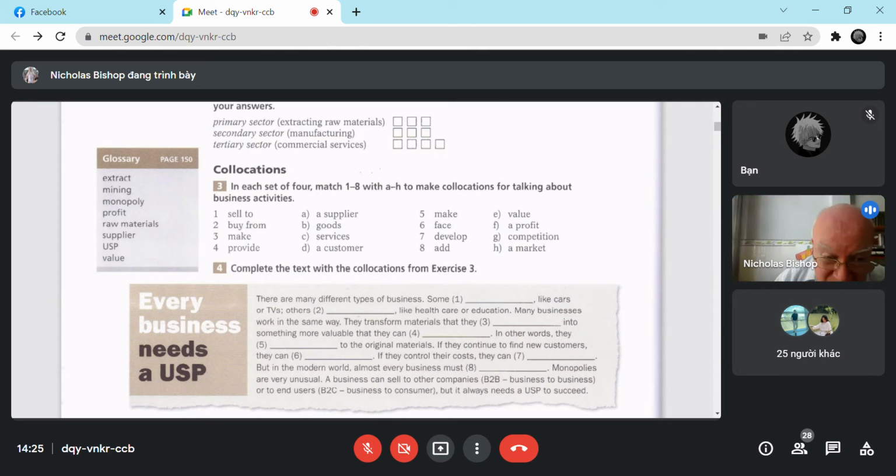And notice that it's plural. It says services. So provide services. Yes, good. Okay, that's good. Let's try to do the same thing with 5, 6, 7, 8. Number 5, make.